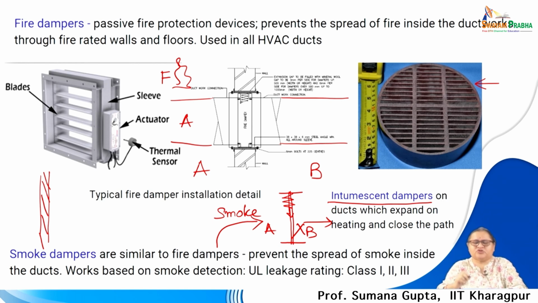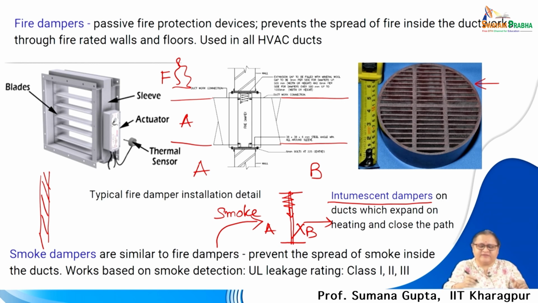On sensing heat or an increase in temperature, the paint will bulge out and lock the entire grill, so that no movement of toxic gas, smoke or fire can happen from zone A to zone B. These are to be embedded when the installation of the system is done, and these are all passive mechanisms. However, the sensors are the active part within it.